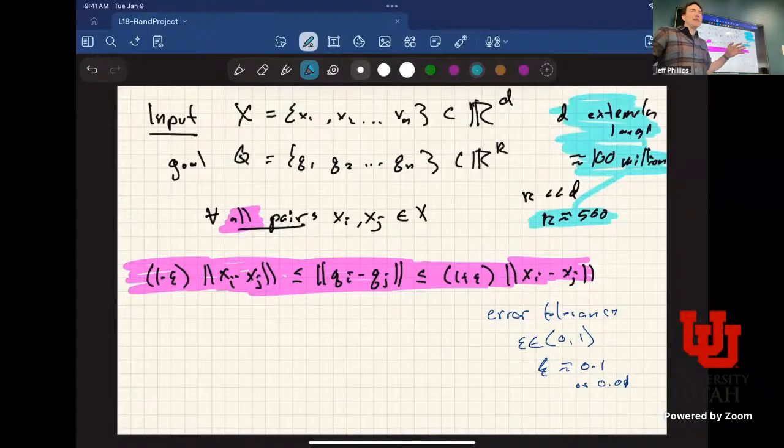Maybe 200 if I'm lucky, but it might need to be 1,000 or 2,000, okay, to actually get something like this. And it'll depend on epsilon. The smaller I make epsilon, the less error tolerance I have, the more dimensions I will need. Okay, so we basically completely understand this trade-off here.